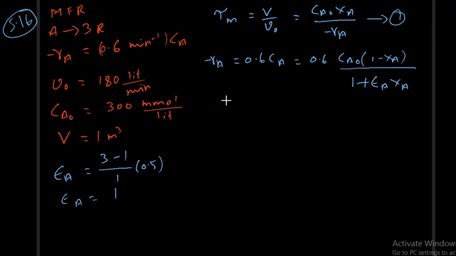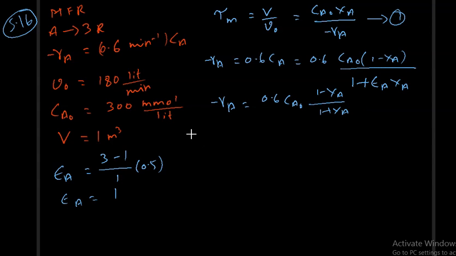So if you substitute this, we will be getting minus RA is equal to 0.6 CA naught into (1 minus XA) divided by (1 plus XA).